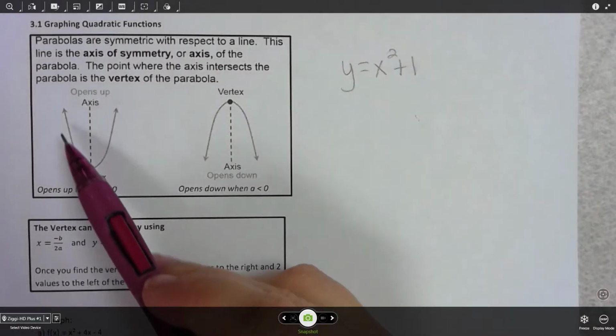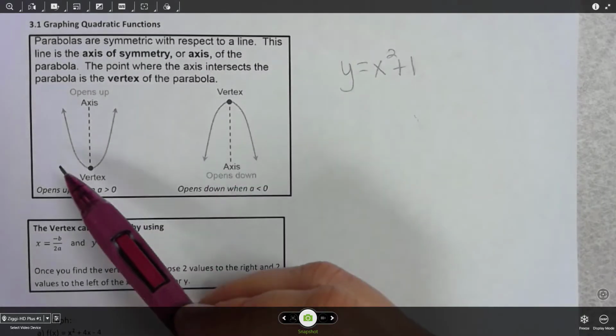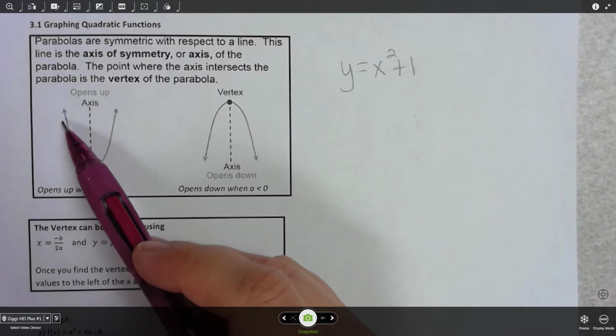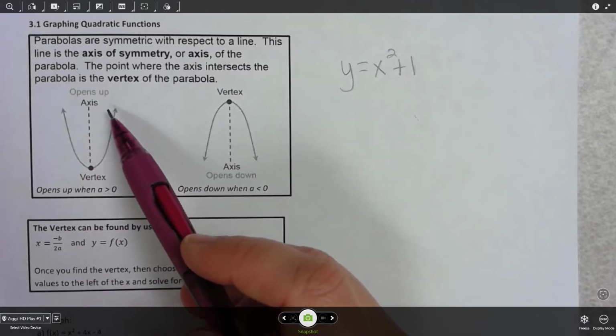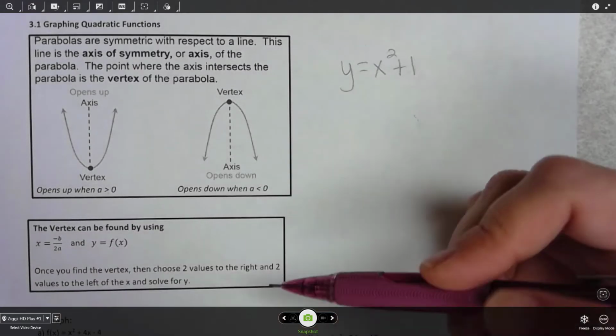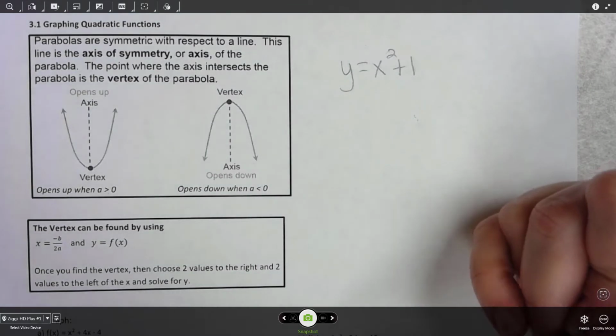If you're looking at the direction in which the parabola opens, when a is positive, then your parabola should open up. Remember, a is the coefficient of that x squared. And if your a is negative, your parabola should open down.